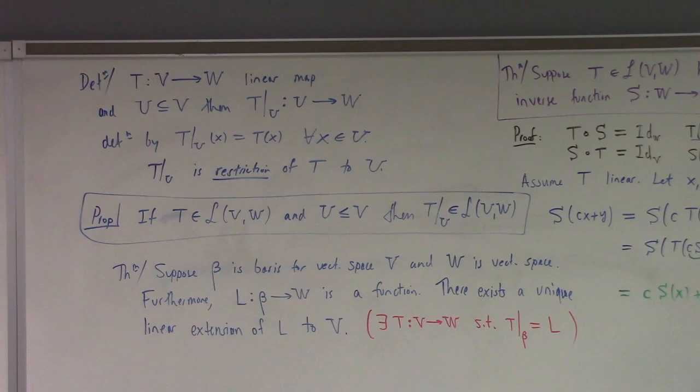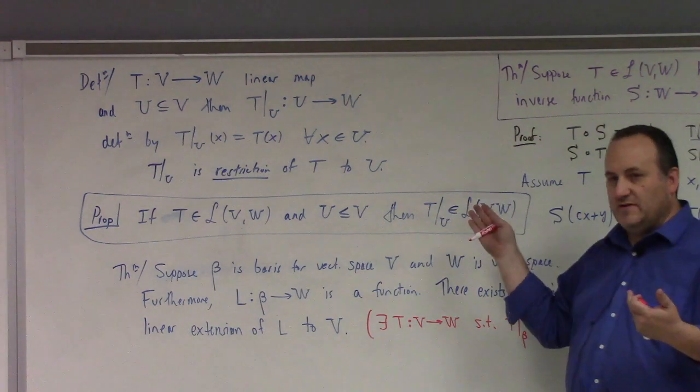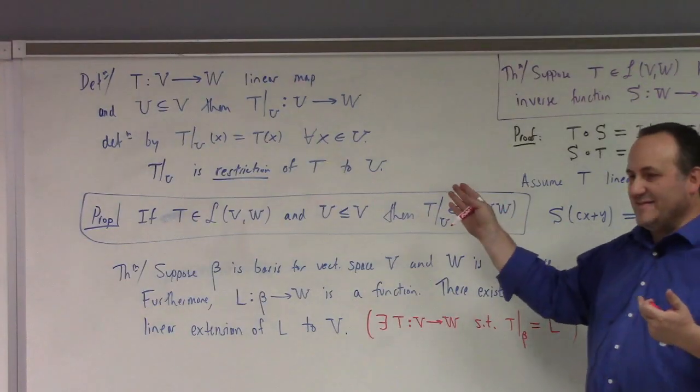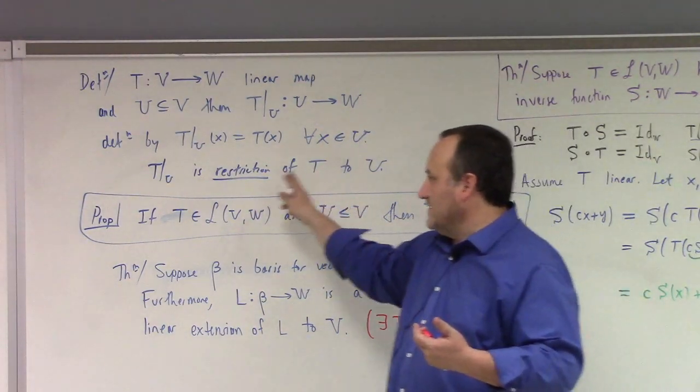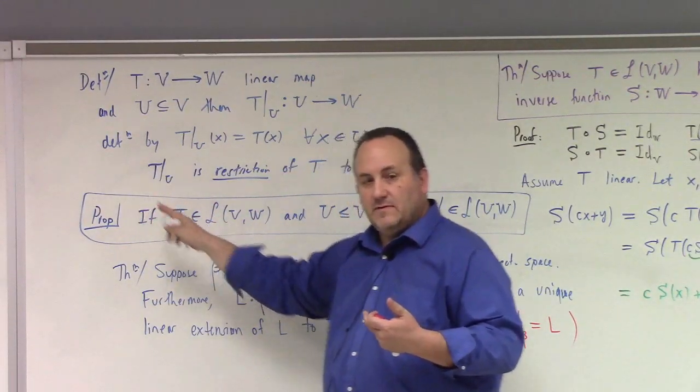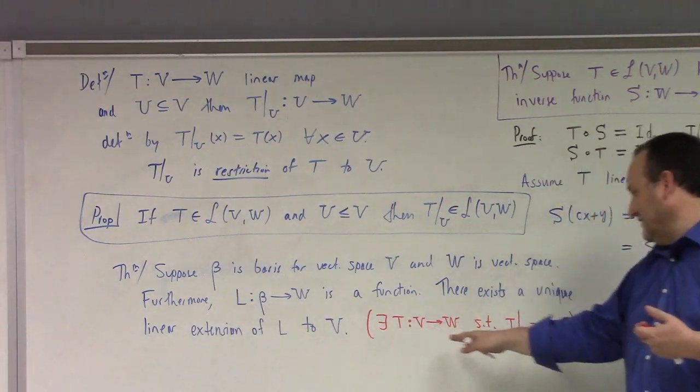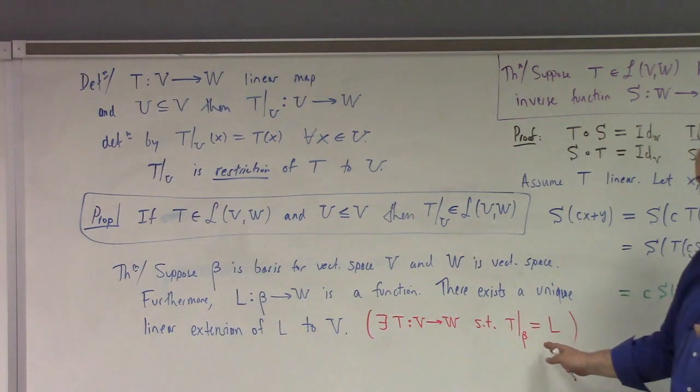The flip side of restriction is extension. In my definition, I was talking about T restricted to U being a restriction of T. By the same token, T is an extension of the restriction. Like this, T is an extension of T restricted to U. Down here, T is an extension of T restricted to beta, which is given to us to be L.